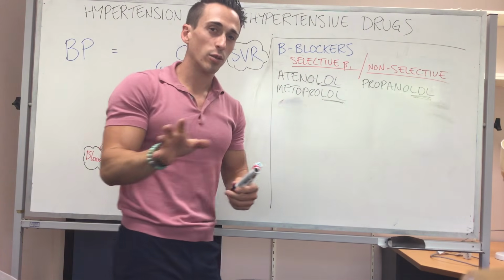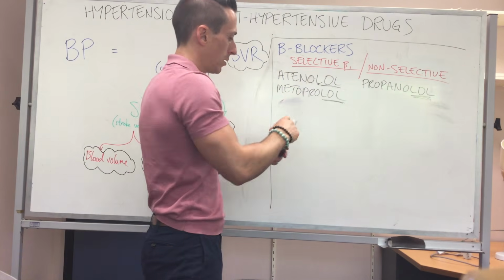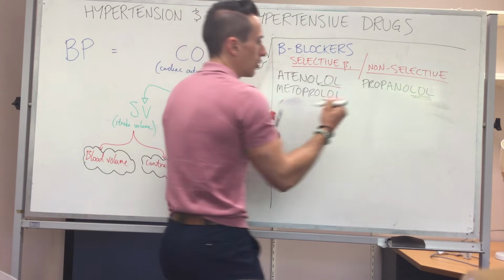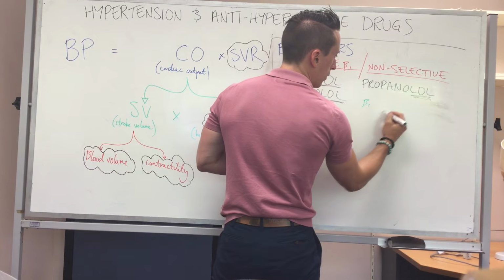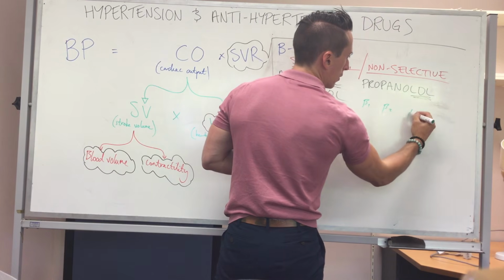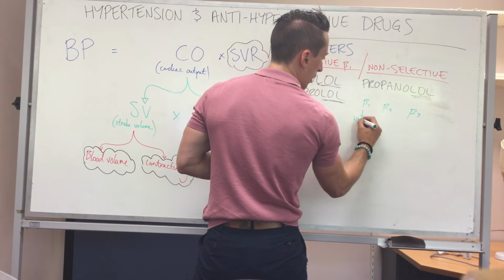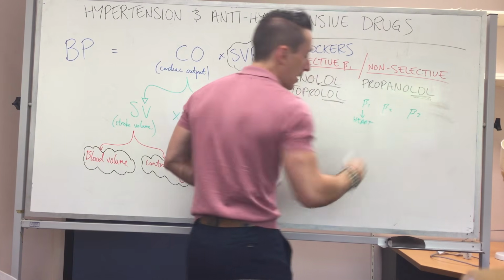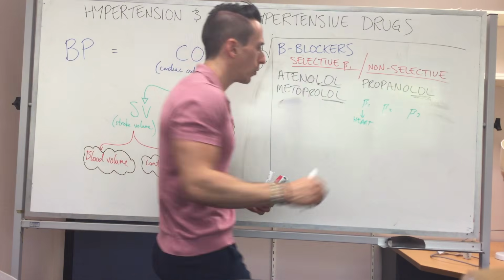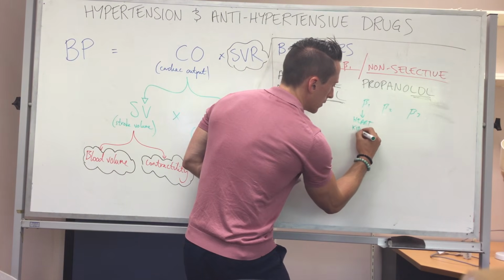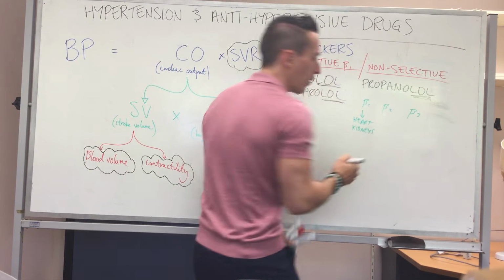Well, okay, let's look at the beta receptors. I said that you've got beta 1, beta 2, beta 3. And I said beta 1 you find at the heart. Where else do you find beta 1 receptors? Also at the kidneys. What about beta 2?